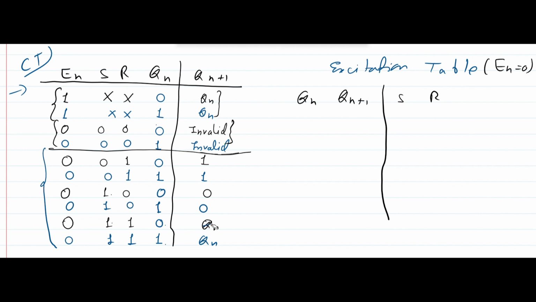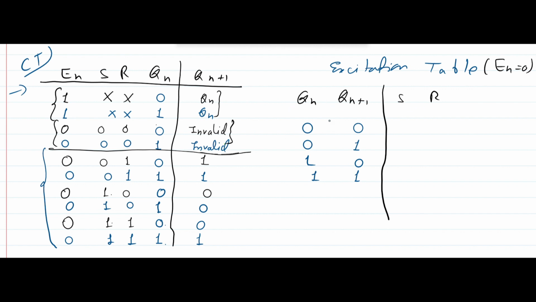So let me do that, it will be replaced in that way. So 0 and 1. So for the excitation table the combinations are 0 0, 0 1, 1 0 and 1 1.